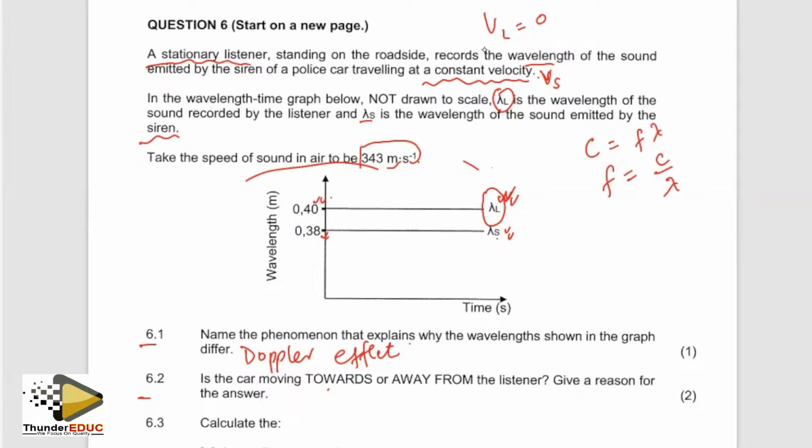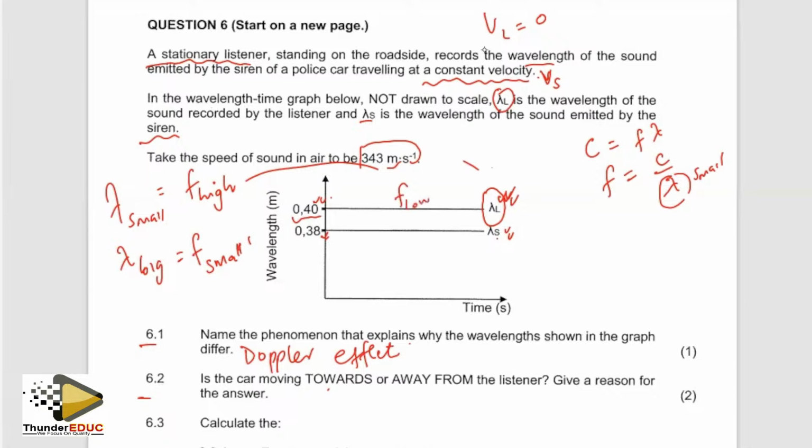If lambda is small, then the frequency is going to be high. If lambda is big, then the frequency is going to be small. So in this case, since the wavelength here is big, the frequency that the listener gets is low.